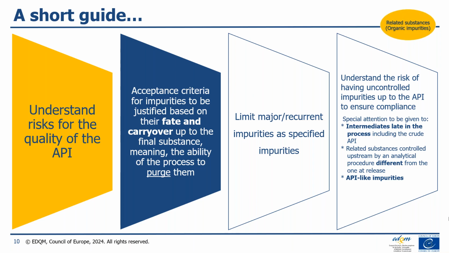You have to limit major and recurrent impurities as specified impurities, and understand the risks of having uncontrolled impurities up to the API to ensure compliance with the monograph. Special attention should be given to the intermediates that are late in the process, including the crude API, and related substances controlled upstream by analytical methods that are different from the one at release, and also the API-like impurities that are usually close-running to the main peak. Next slide.